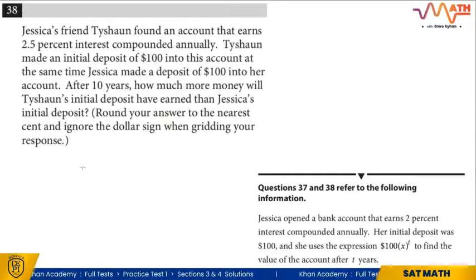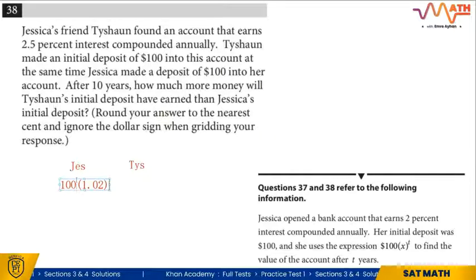So let's write here Jessica, and here Tyson. For Jessica, she started with $100 and each year 1.02.